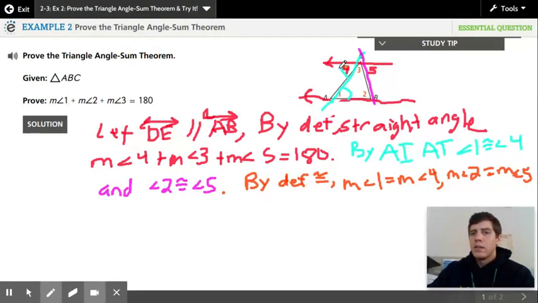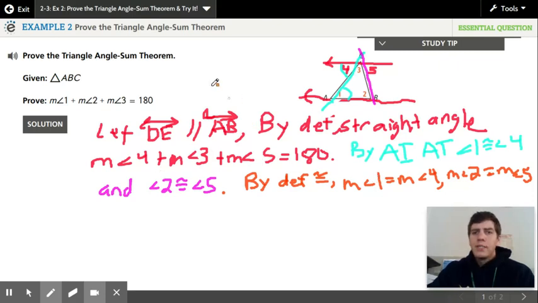The measure of angle 4 plus the measure of angle 3 plus the measure of angle 5 is equal to 180 because they form a straight angle. Since we constructed a parallel line, our alternate interior angles are congruent by the alternate interior angle theorem, which says if the lines are parallel, then alternate interior angles are congruent. So angles 1 and 4 are congruent, and 2 and 5 are congruent. By the definition of congruent, their angle measures equal each other.